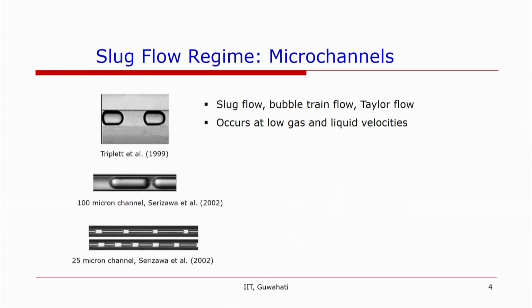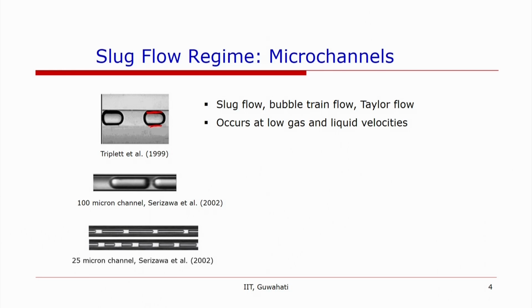So, the slug flow regime, as you might see here, is characterized by the flow of bubbles of the size of the channel, and these bubbles are separated by a thin film surrounding the channel wall.